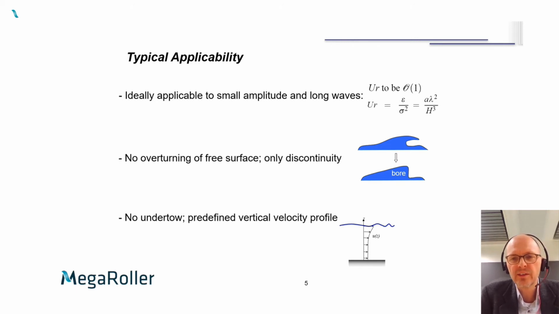Breaking generally is not modeled by overturning, since we have integrated out the vertical coordinate. Instead, wave breaking is modeled as a bore, as you can see here. This bore enables us to take out the right amount of energy as the waves break, and the energy is dissipated in the shoaling and breaking process.